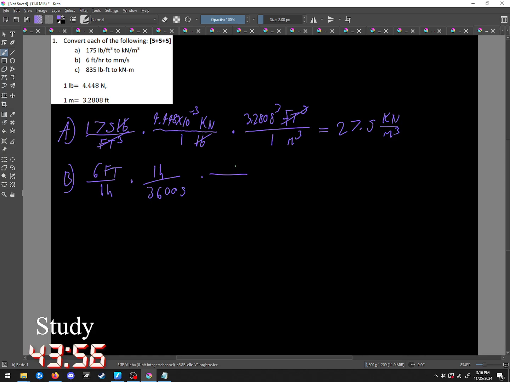So up here we should have millimeter on top, and that's how many of the FT, which is 3.2808 times 10 to the negative third FT.